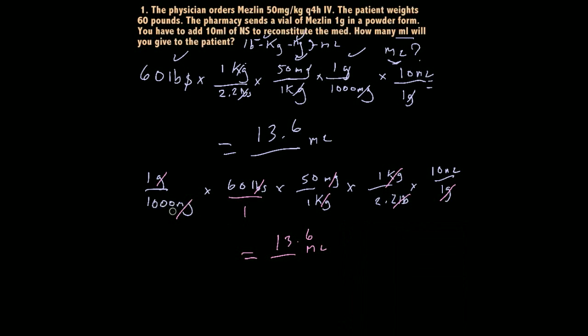So it doesn't matter what order it's in. Literally, the beautiful, most simplistic thing about dimensional analysis is all that it matters is that your units are in the correct order as far as what's on top and what's on bottom, so they cancel out to give you the unit you're looking for. In this case, it was milliliters.